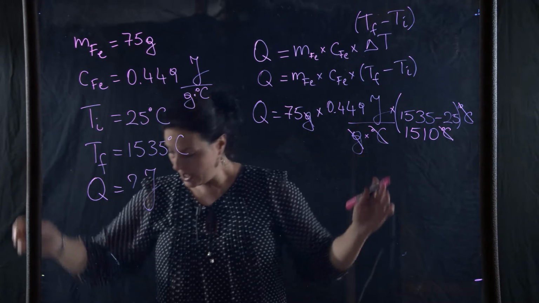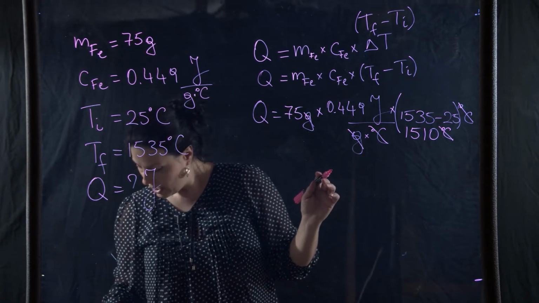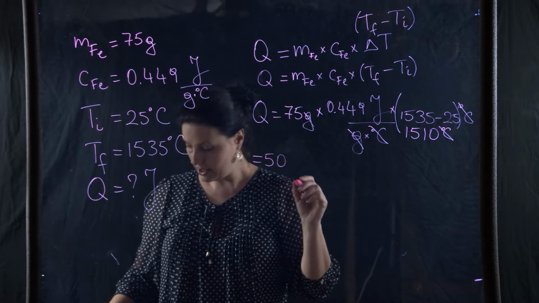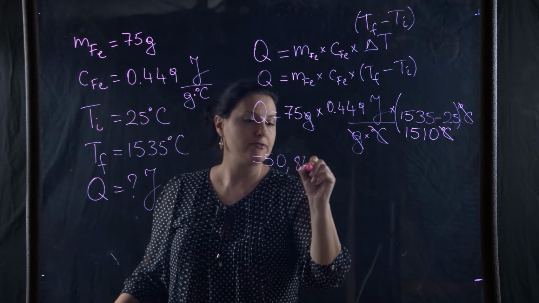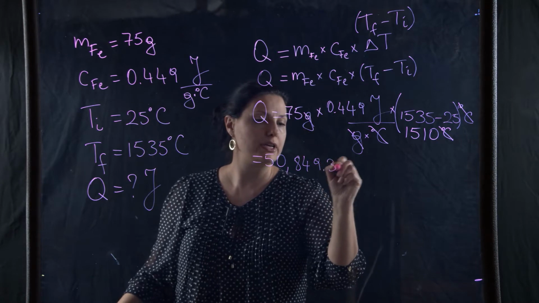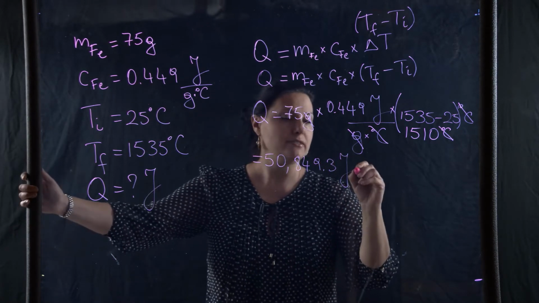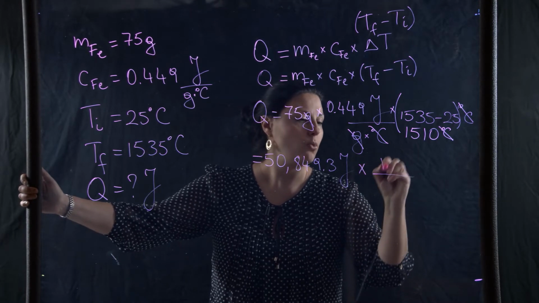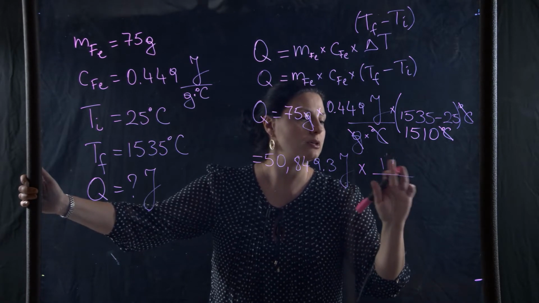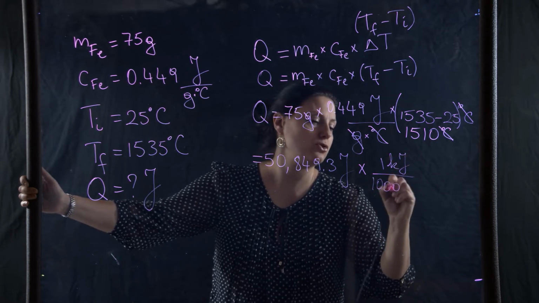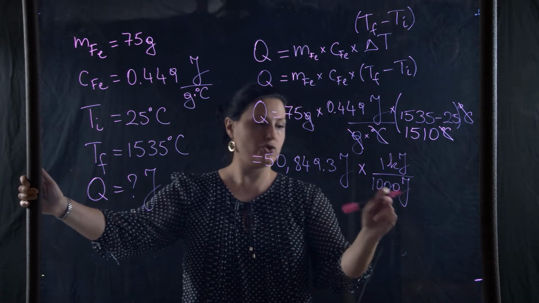And now if I do all this math, I get 50,849.3 joules. If I want to convert this to kilojoules, I divide by 1,000. So 1 kilojoule over 1,000 joules, because 1 kilojoule has 1,000 joules.